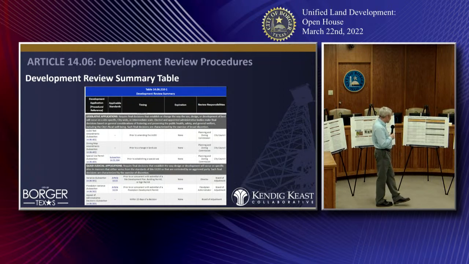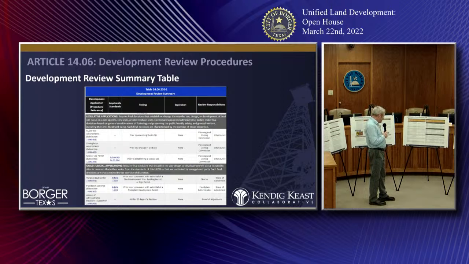The next column is expiration, and it shows when each of these applications expires if nothing is done. So if someone gets a sign permit and never builds the sign, then that sign permit expires in 2 years. So they've got plenty of time to put their sign up, but if they don't, then they'll have an expired application after 2 years.